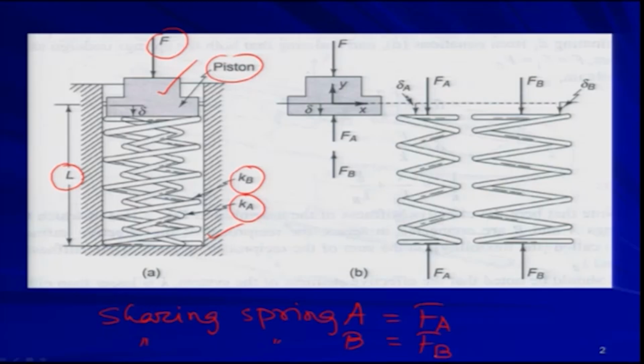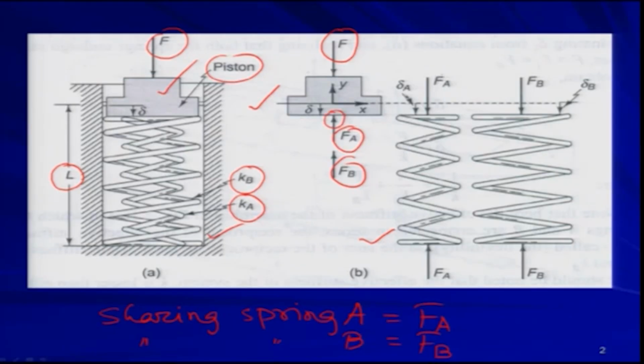If you try to draw the free body diagram of the piston, it will look like this. The total force F applied on top of the piston is balanced by the equal and opposite forces Fa and Fb coming from the two springs, spring A and spring B. Now, the free body diagram of spring A: Fa is in the upward direction on the piston as shown here.